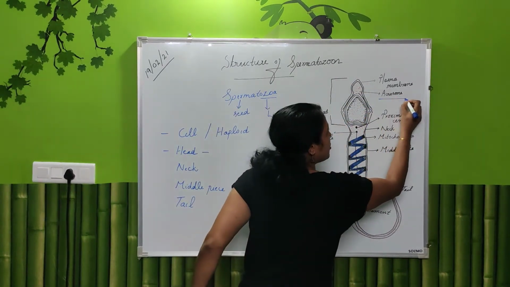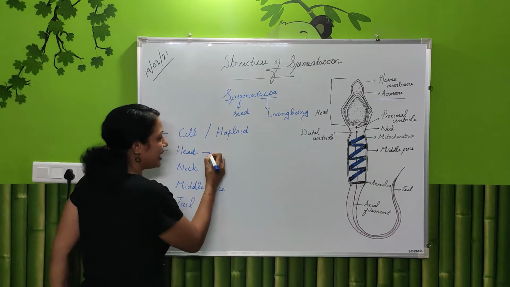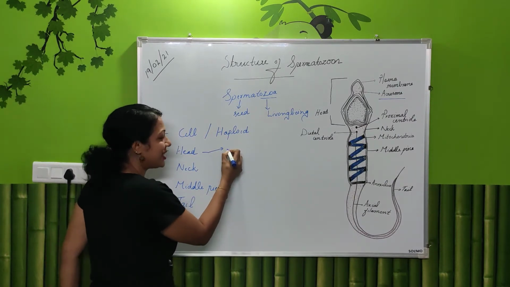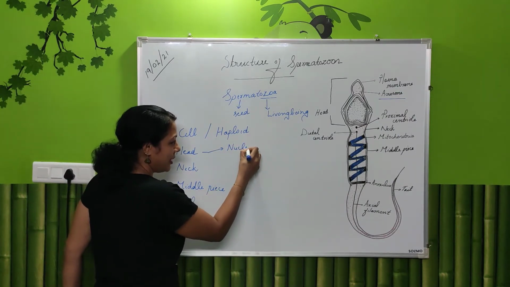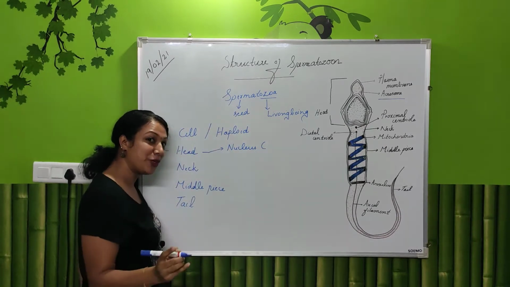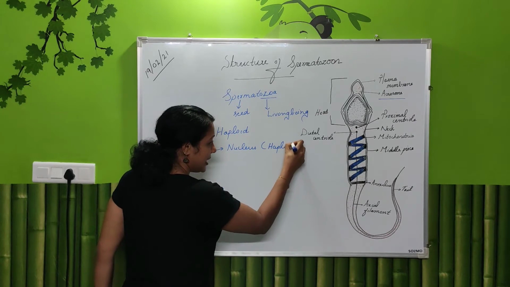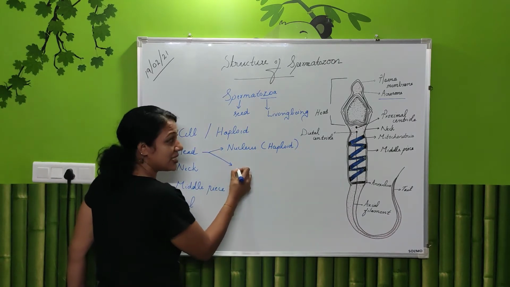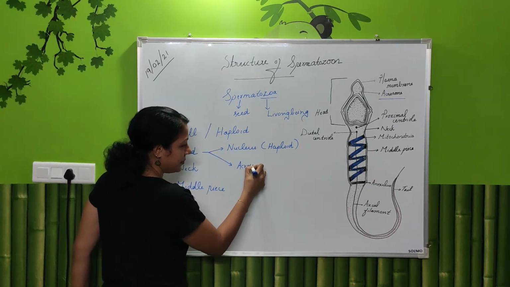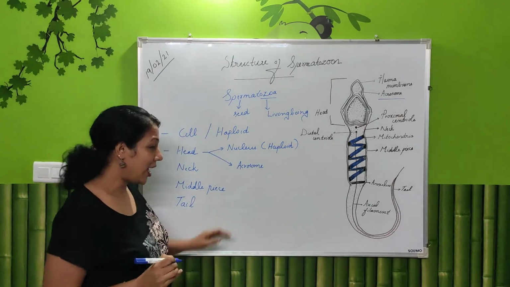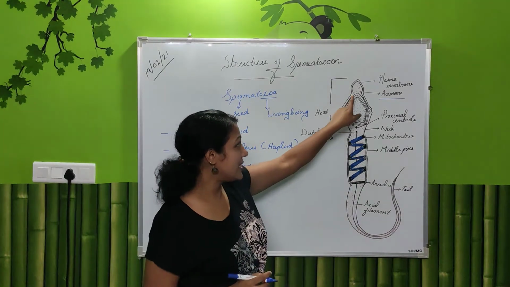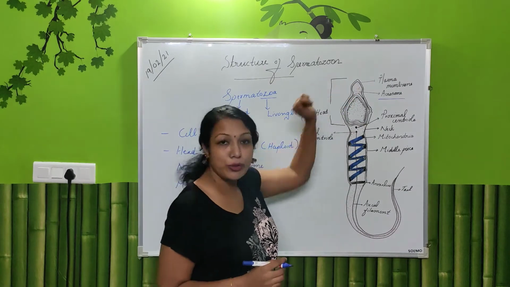This word you should remember. So when you look at the head, the first point is about the nucleus, and the key point you should remember is haploid content. The second point you should know is the acrosome. Acrosome is present just like a cap above the nucleus.